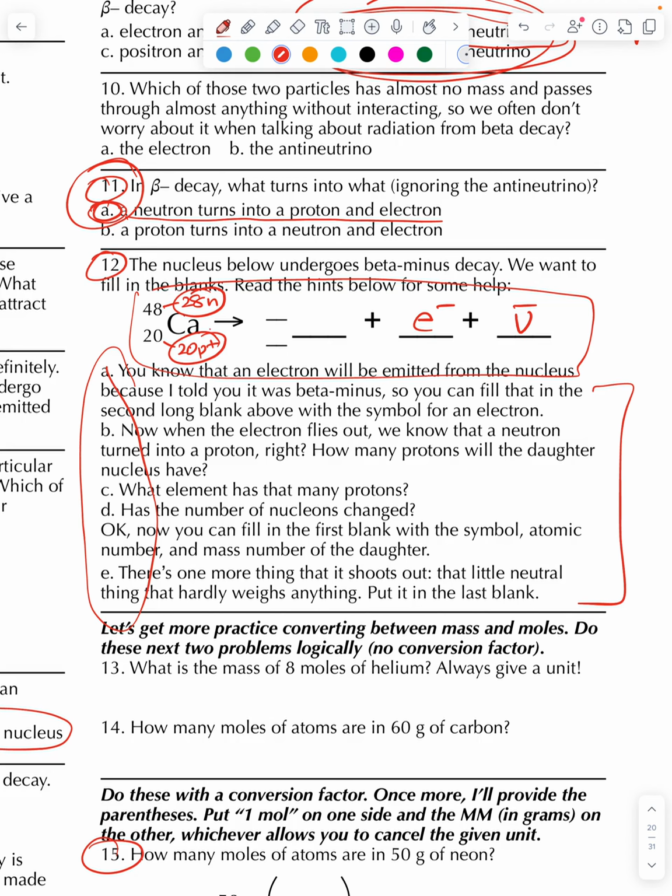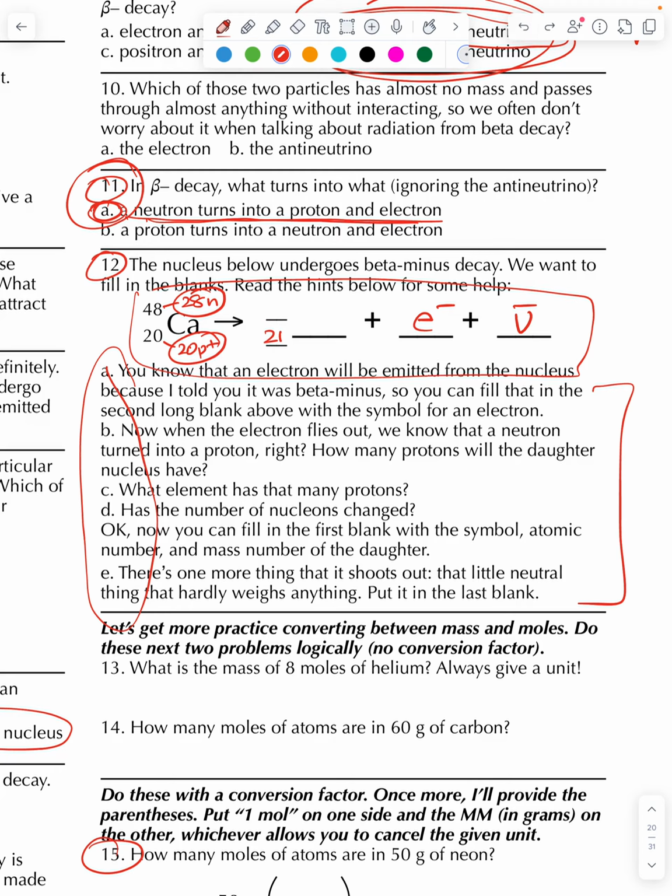So if I had 20 protons to begin with, and a neutron is turning into a proton, how many protons will I have at the end? 21. But we just lost a neutron, so now we only have 27 neutrons. If we have 27 neutrons and 21 protons, we still have 48 nucleons. So notice that the mass number did not change. We didn't lose any nucleons, it's just one of them turned into the different type. So we still have 48 total nucleons, it's just one of the neutrons turned into a proton.